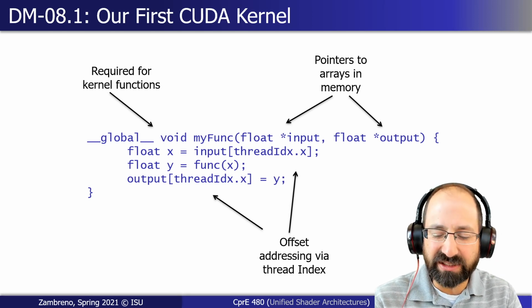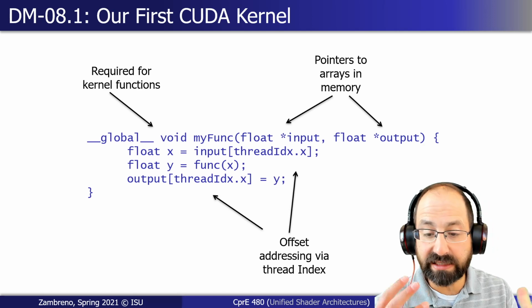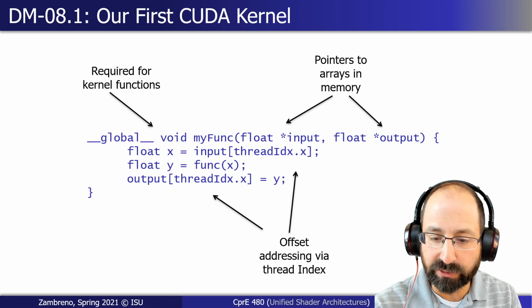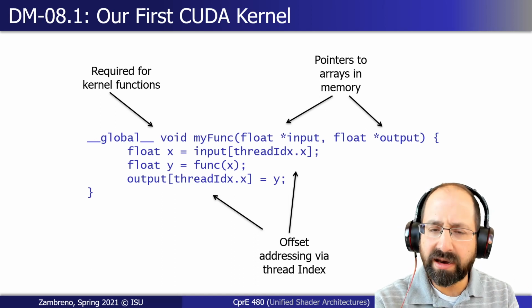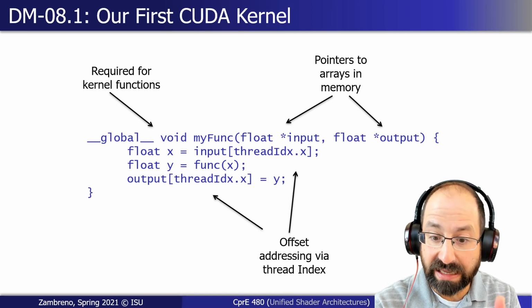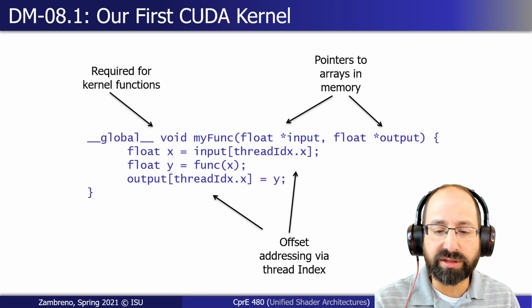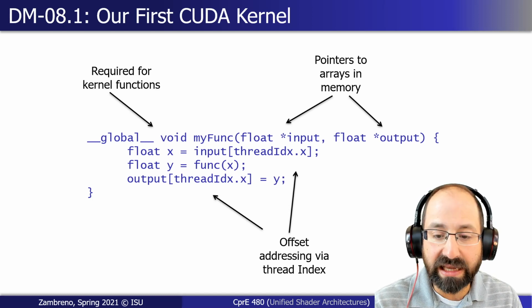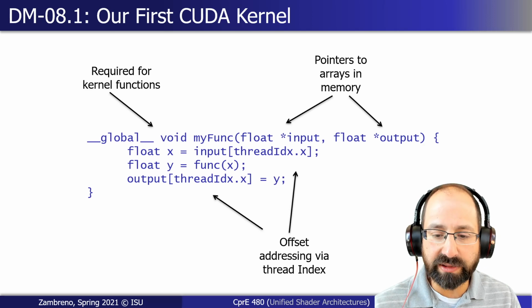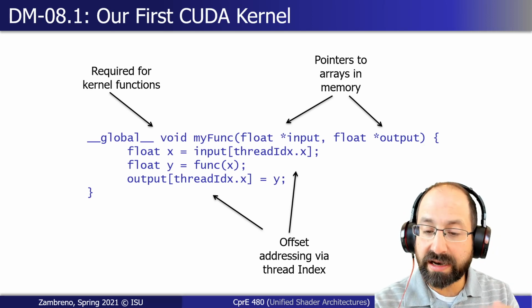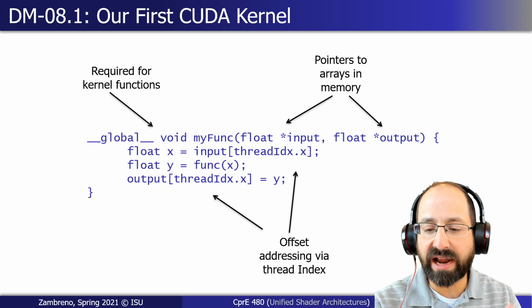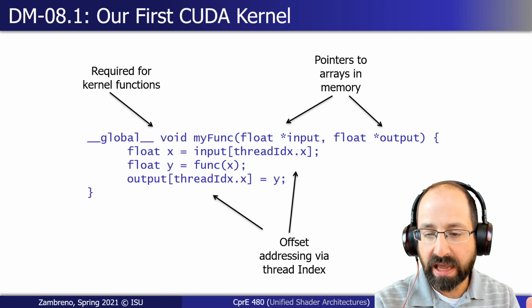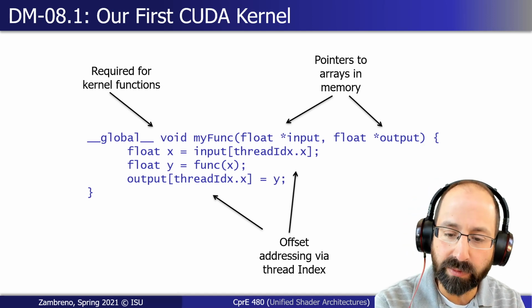Some of this is really just syntax and plumbing, which itself is not necessarily that difficult or exciting. If you already do C programming and C++ programming, nothing here is something you can't pretty easily pick up and handle. But these are the three things we tend to see in any given kernel. And we talked about this kernel as being somewhat analogous to a function in C, except it's meant to describe an entire thread's functionality, and it's written from a single thread's perspective, versus a function that gets called from some other function.